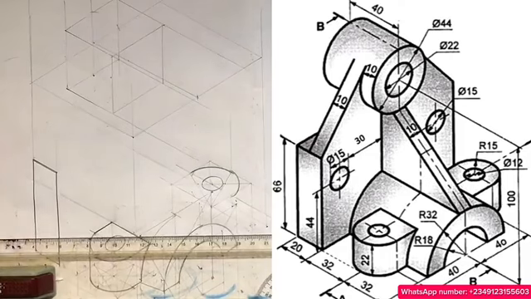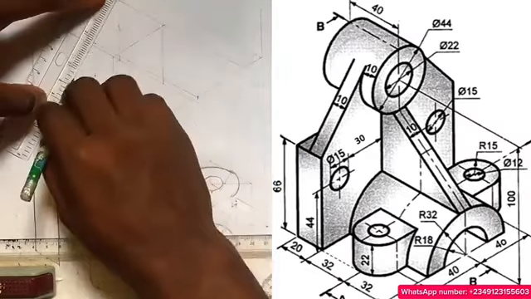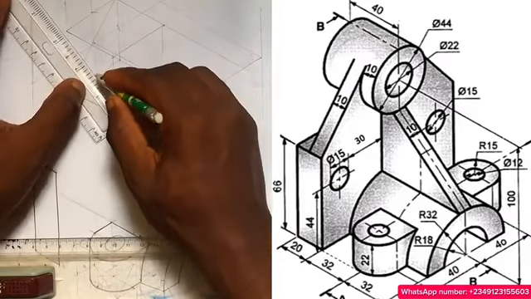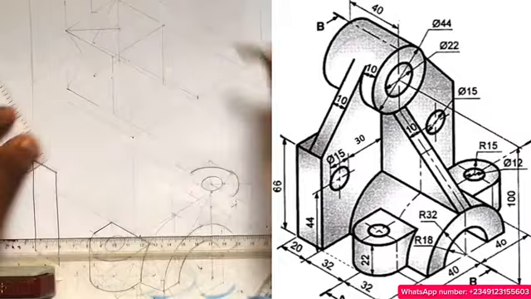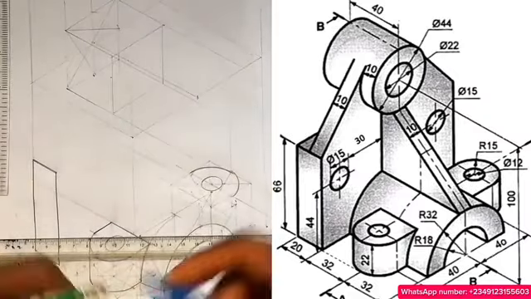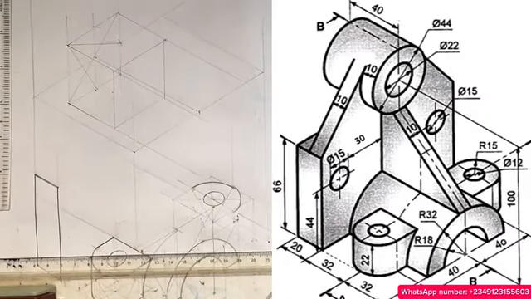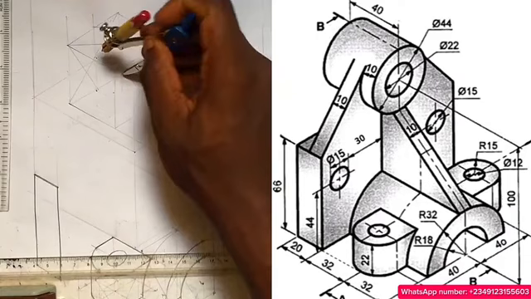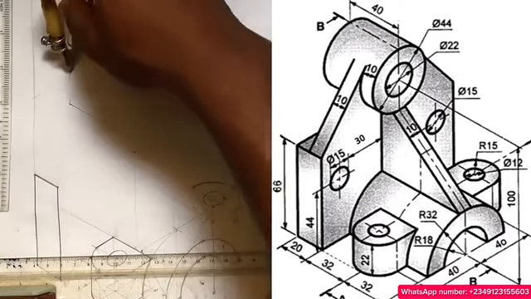I have this, right? My first task now is to come down to this point and join the longest diagonal. Now I use my ordinate method, this to this, and then this to this. Similarly, I'll come to this point here and connect this point to this, as in this case.